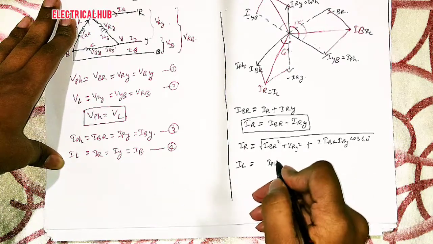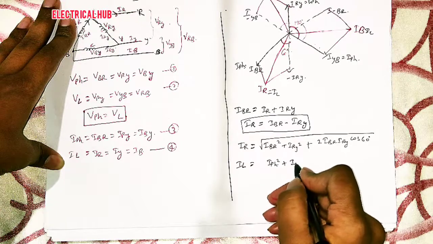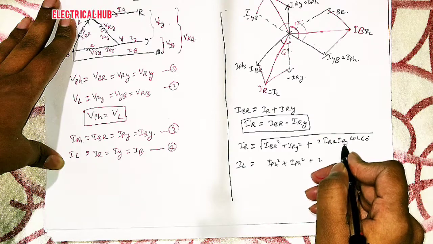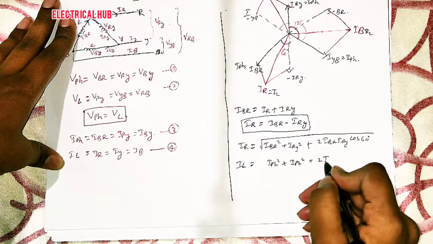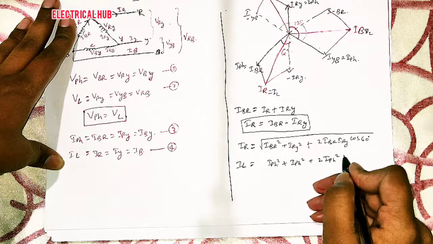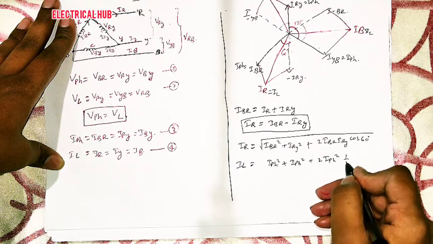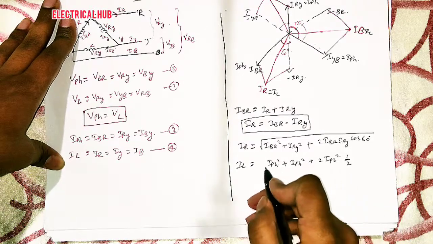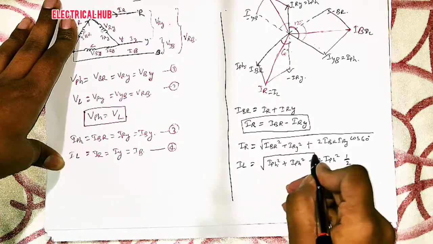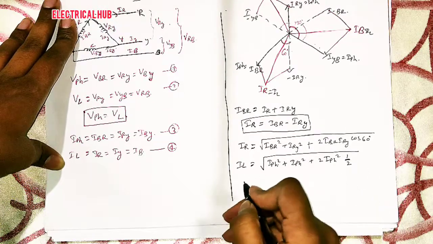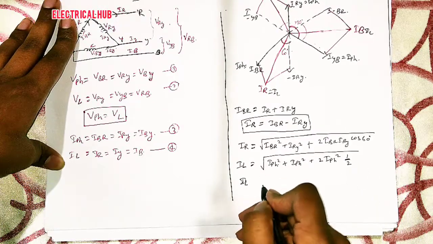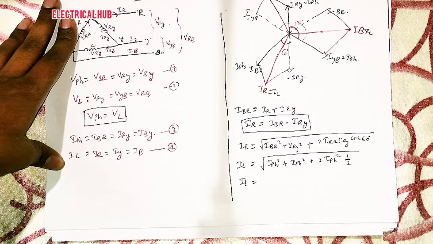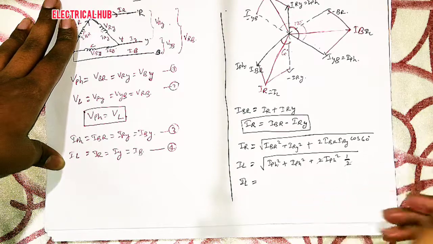So this can be written as IPH square. This also can be written as IPH square, plus 2, and this IBR is also IPH, and this IRY is also IPH, so it can be written as IPH square, multiplied by cos 60, which is equal to 1 by 2. The value of cos 60 according to trigonometric identity is 1 by 2, and just make it a whole root. Now if we simplify it more, these two and these two will get cancelled.